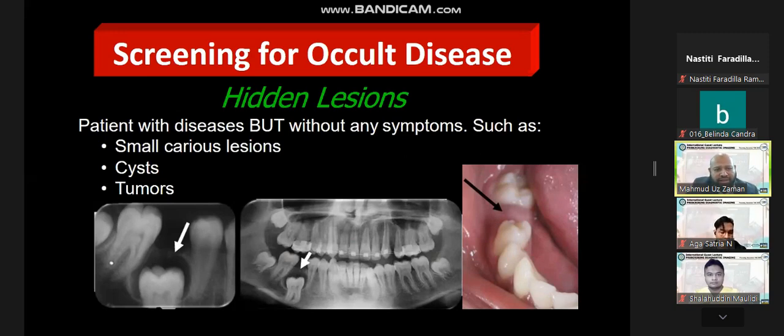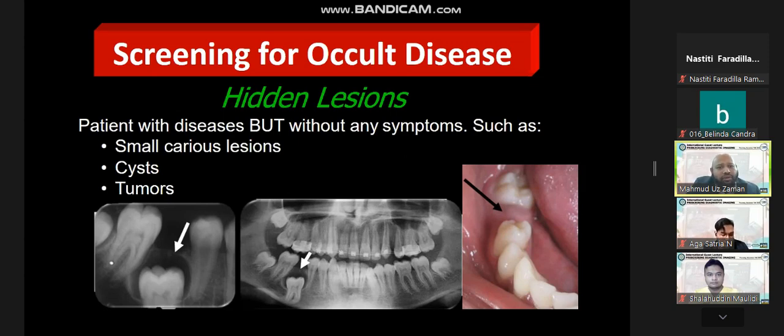Sometimes there is a small carious lesion, sometimes a very small cyst which is not swollen up, or small tumors at the beginning, where the patient is not feeling anything. And there is no swelling, but in the clinical examination you are suspecting there is something there.